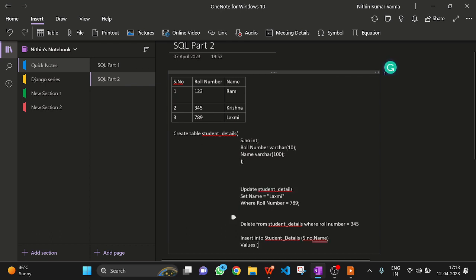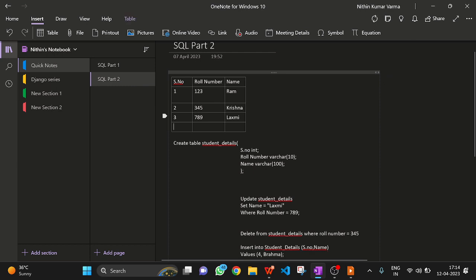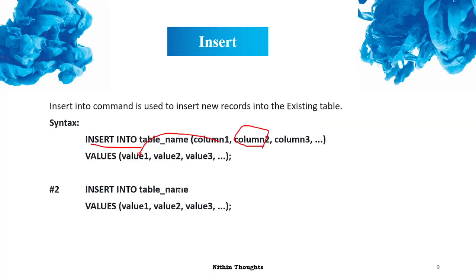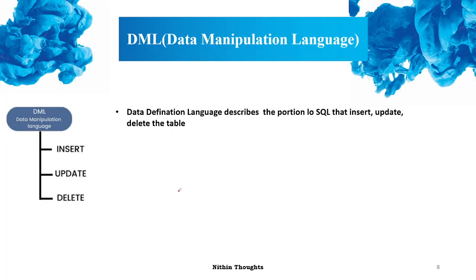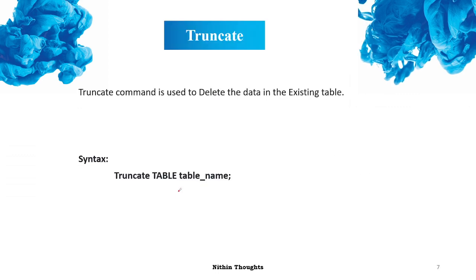Values will be 4 comma Brahma. In this case, a new tuple will be created with a null value in the roll number, and Brahma will be populated in the name column. So that is data manipulation language.